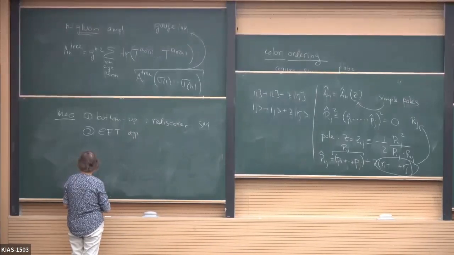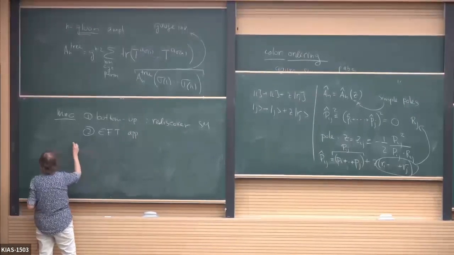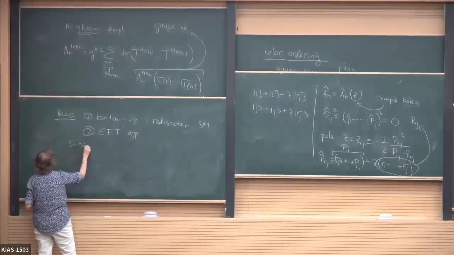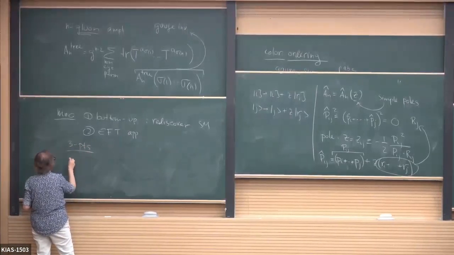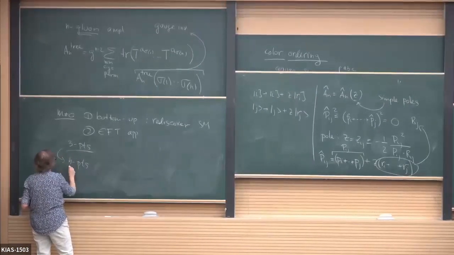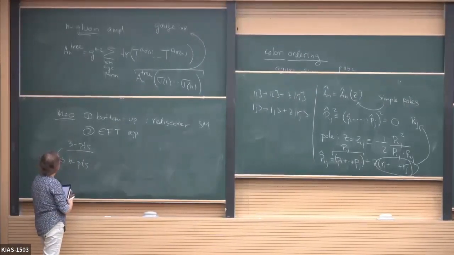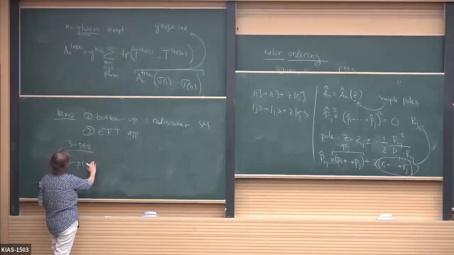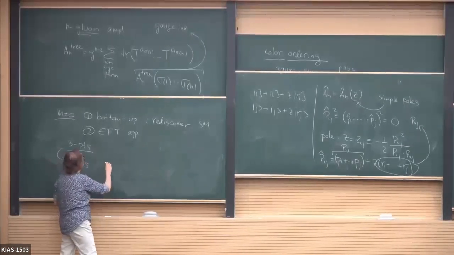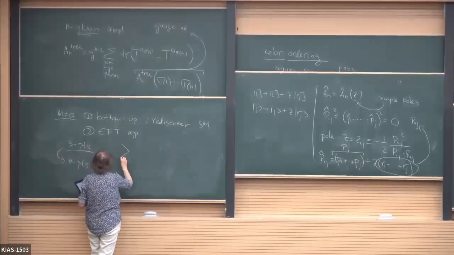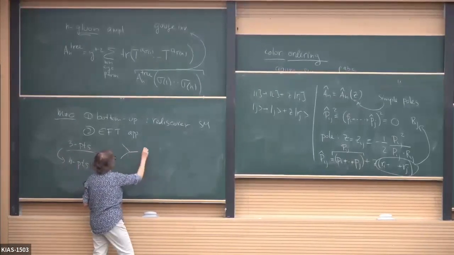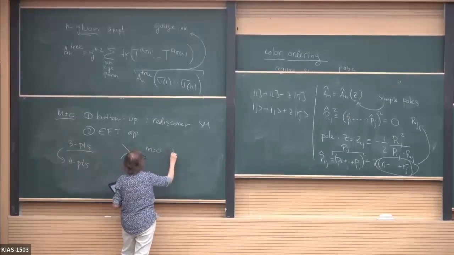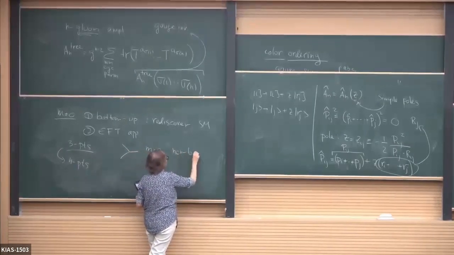So what's the plan? The first thing I want to do is talk about 3 points. And then I want to talk about how to go on to 4 points and so on and so forth. And this is going to be the main difference. This is going to be simpler than the massless case, because essentially when you talk about the 3 points, the massless 3 points were sort of non-local.